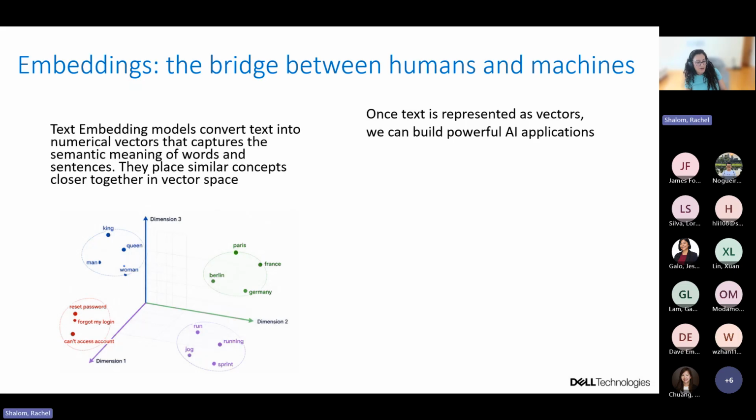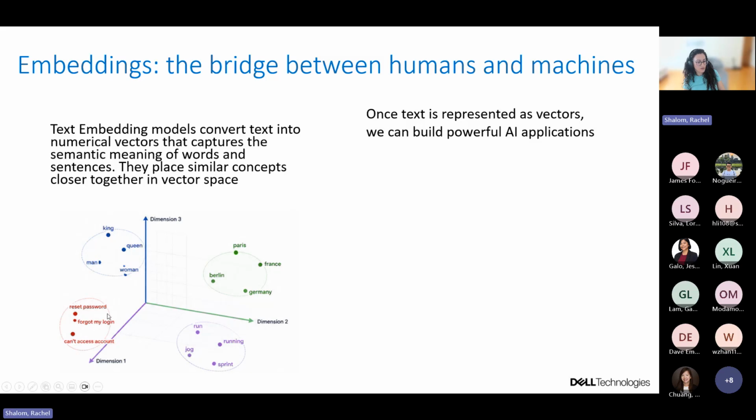So embeddings: humans understand words, machines understand numbers, and embedding models are the bridge. They can represent words and sentences in a semantic way, so that pieces of text that have similar meaning will be represented closer together in the embedding space.